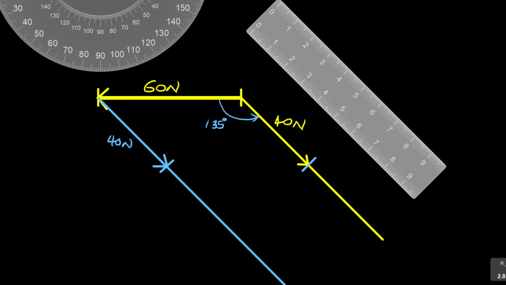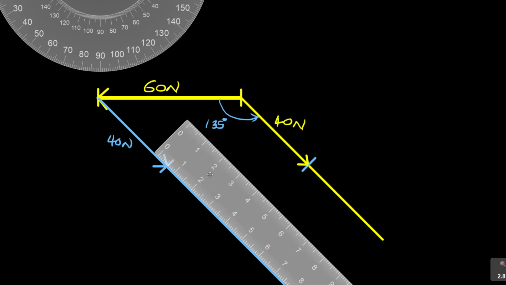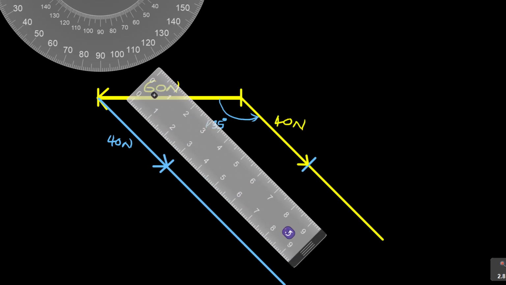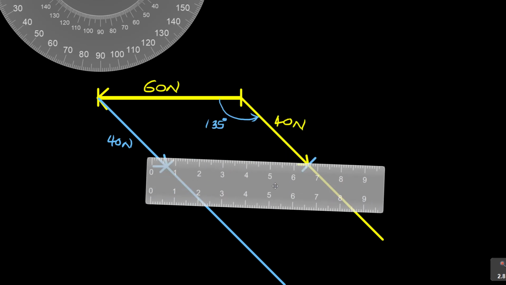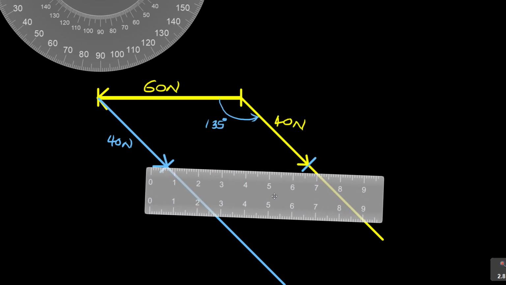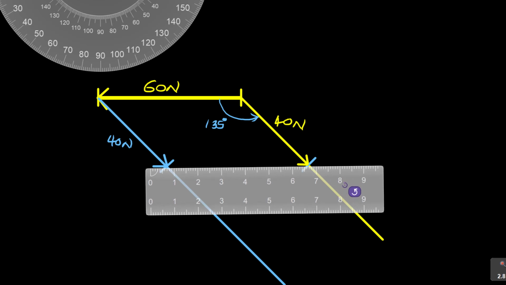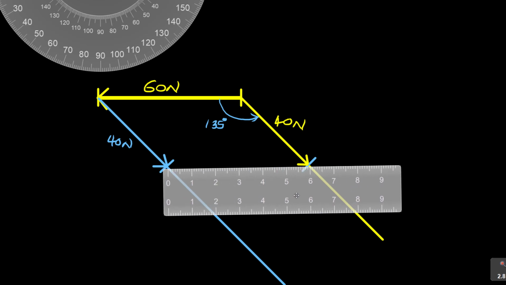And then again, I'm going to take my ruler and join these 2 points now. Take the ruler and then twist it around and join these 2 arrows here. Join them together. See here. If you join them, look at this. If I measure it, it must be 6.